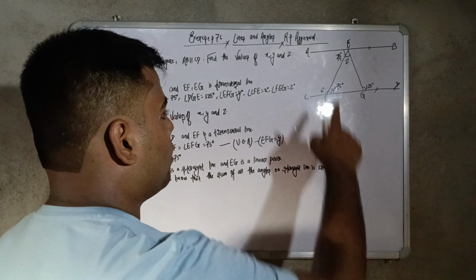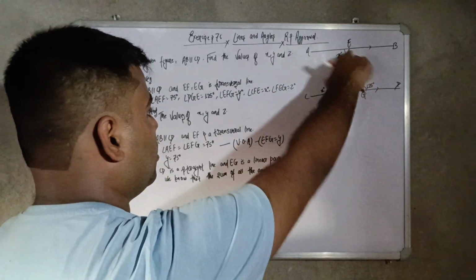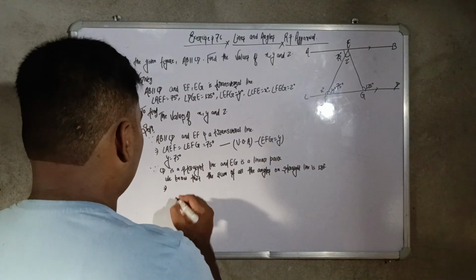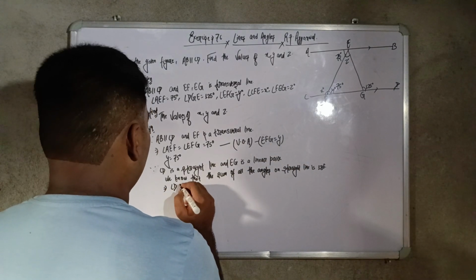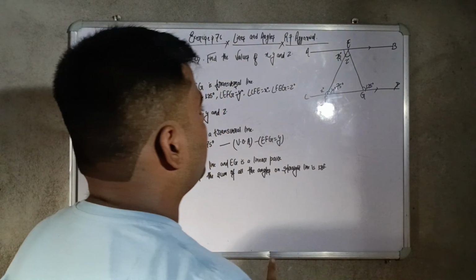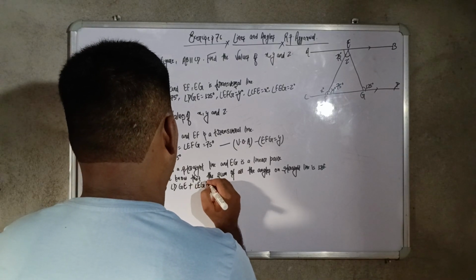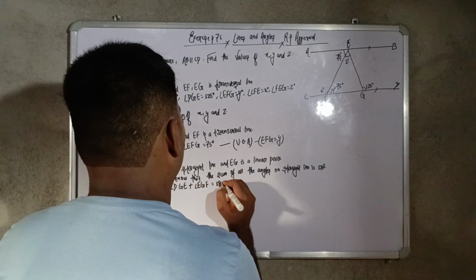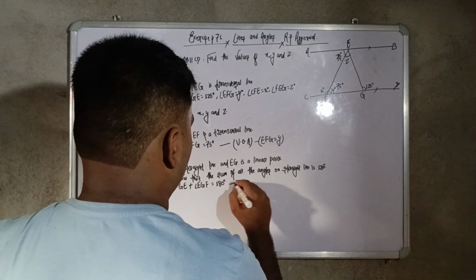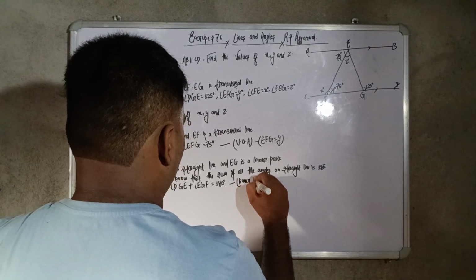So angle DGE, 125, we have to write here. Angle DGE plus angle EGF equals 180 degree, because they form a linear pair.